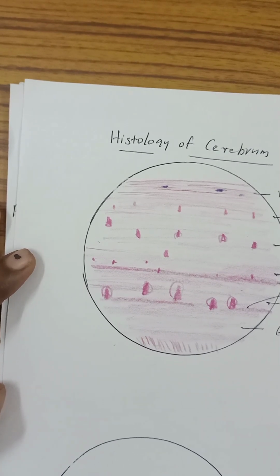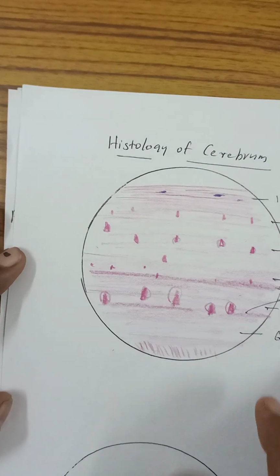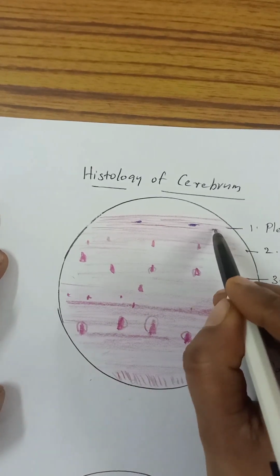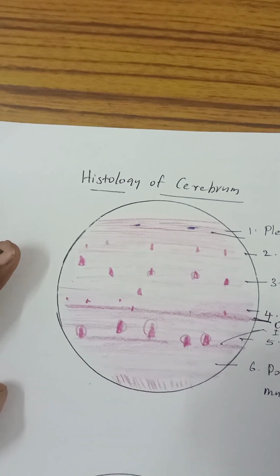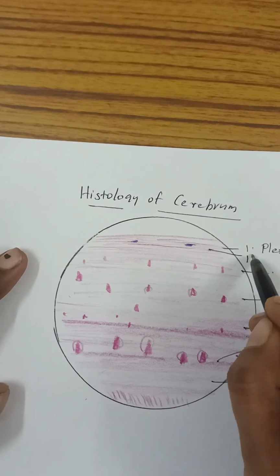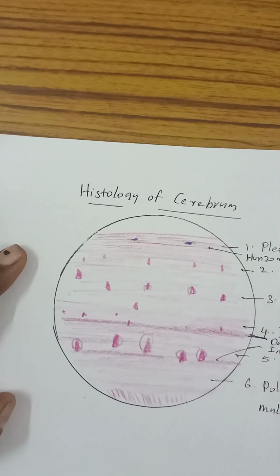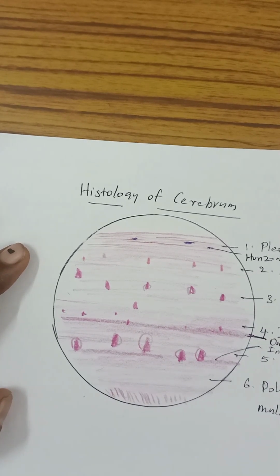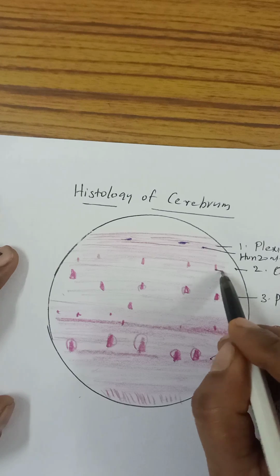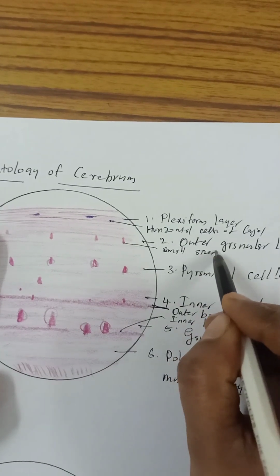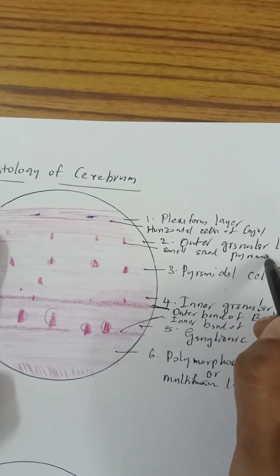Then next, in each layer, which cells are present here. Like here I told these cells are present here. That is the horizontal cells of Cajal, the main cell there. And the second one is small sized pyramidal cells.